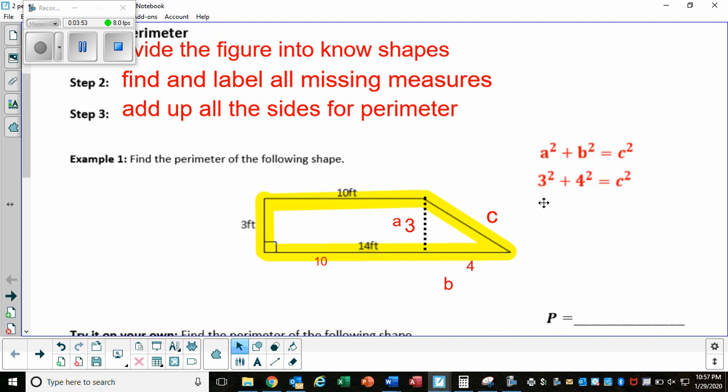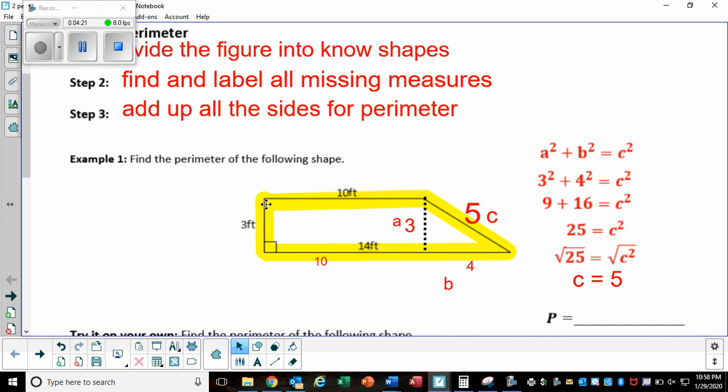Do the squares, so now it becomes 9 plus 16. I'm going to add 9 plus 16 to give me 25. So I know what c squared is, but I need to know what c is. To undo that, I'm going to square root everything. So I end up getting c equals 5. So this side is 5. Now all of my highlighted sides are labeled with a measure, so now that I have that, I can add it up.